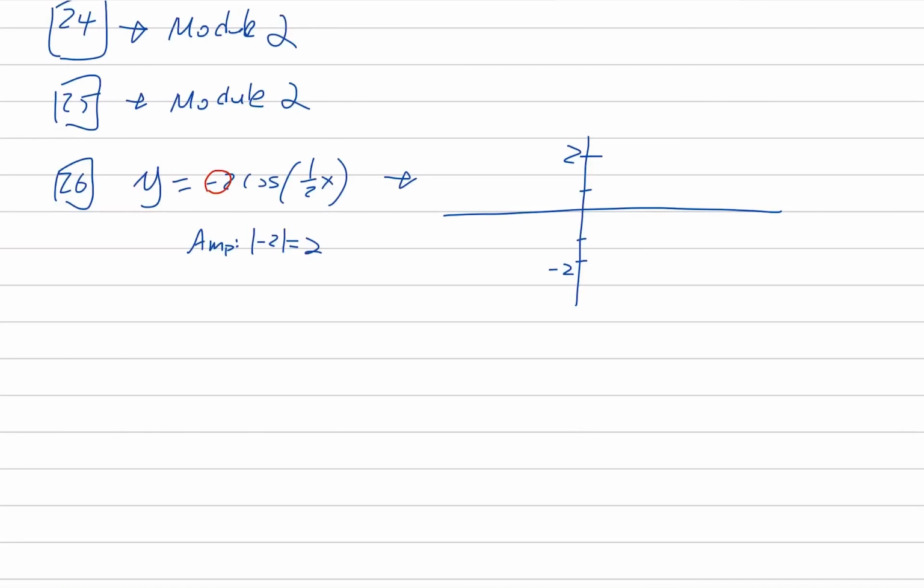So if the generic shape was this, it will also reflect over the x-axis. So it will be like this. So make sure to pay attention to the reflection.